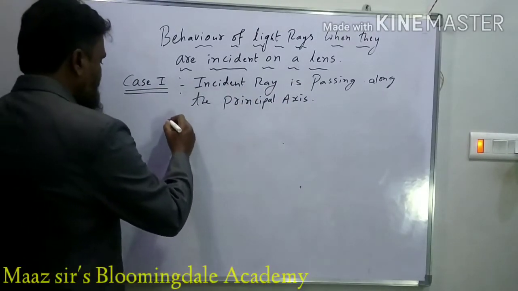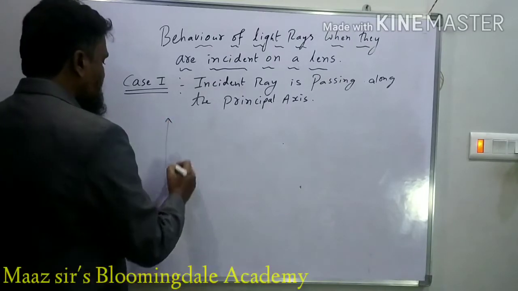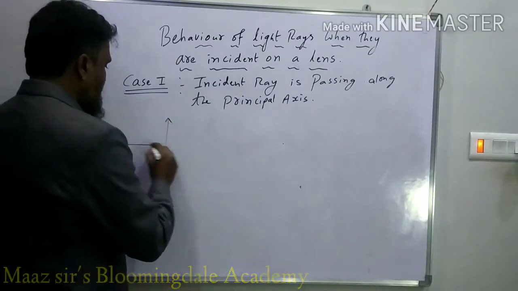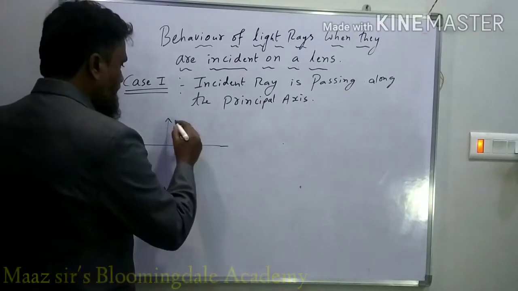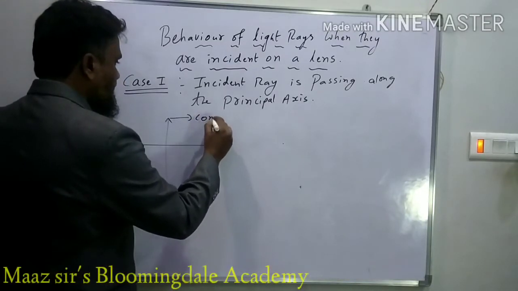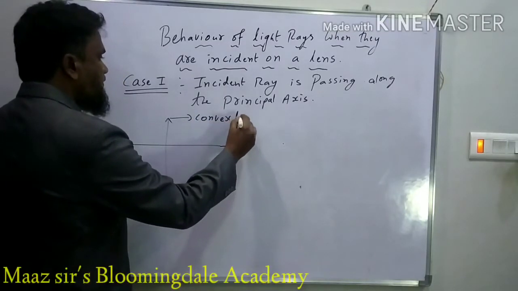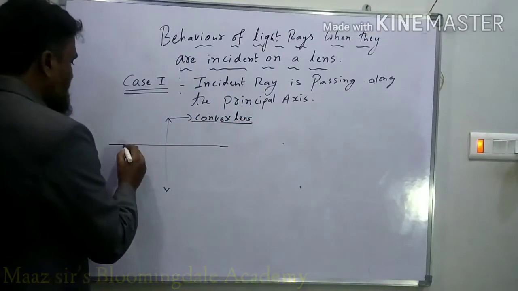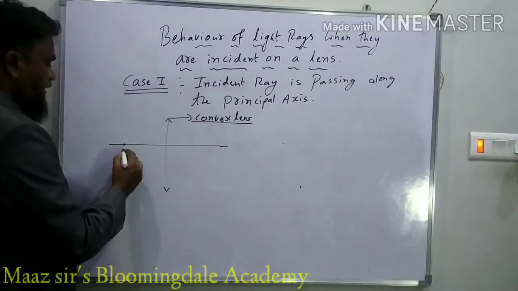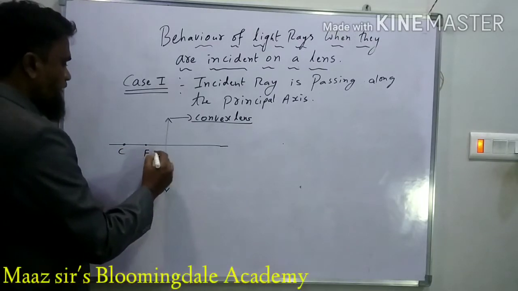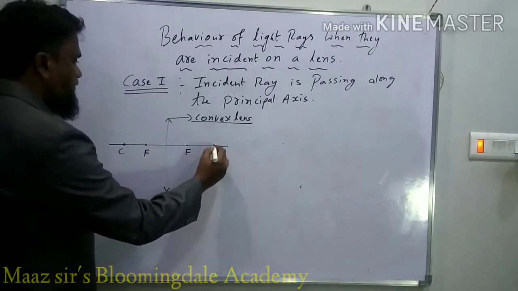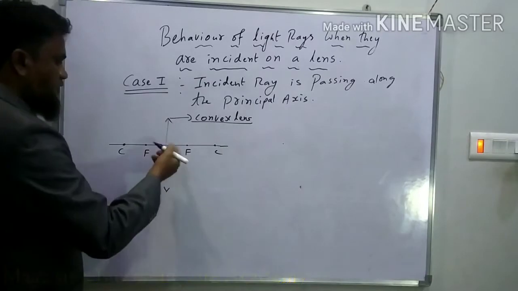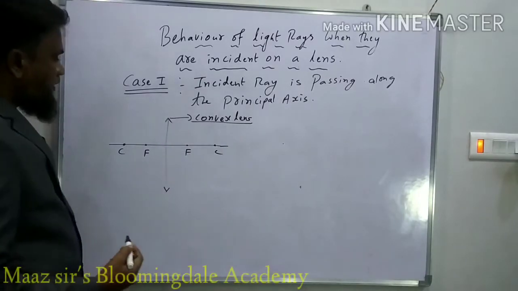As you know, there are two types of lenses we are taking basically. This is a convex lens. So for a convex lens we have center of curvature, focus, and here also center of curvature.